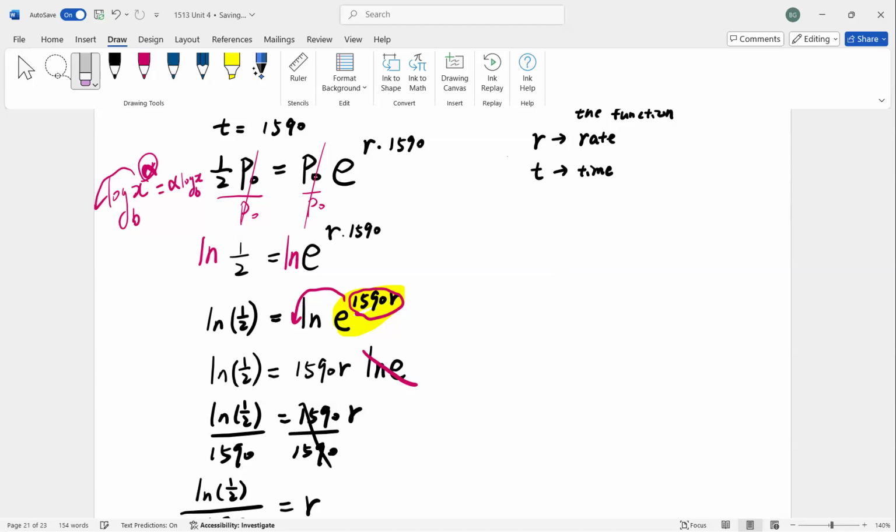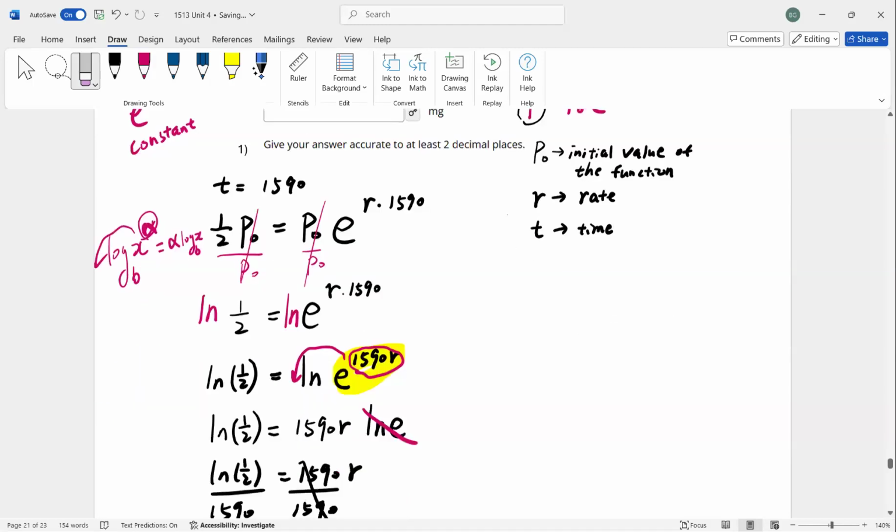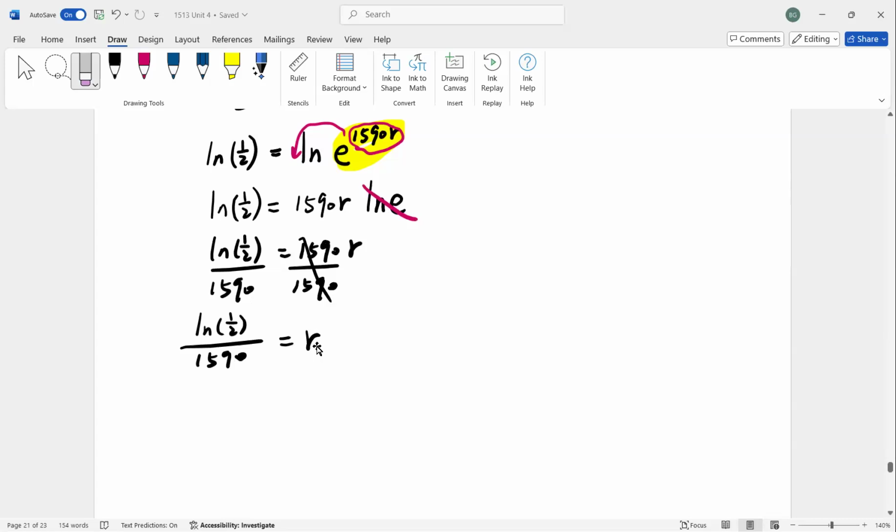So based on the first given information, the first sentence, the half-life of the substance is 1590 years. Based on that piece of information, we got the value for the rate. By the way, this rate is negative. It makes sense because it's exponential decay, right? Substances in nature eventually decay. Why do we know it is negative?